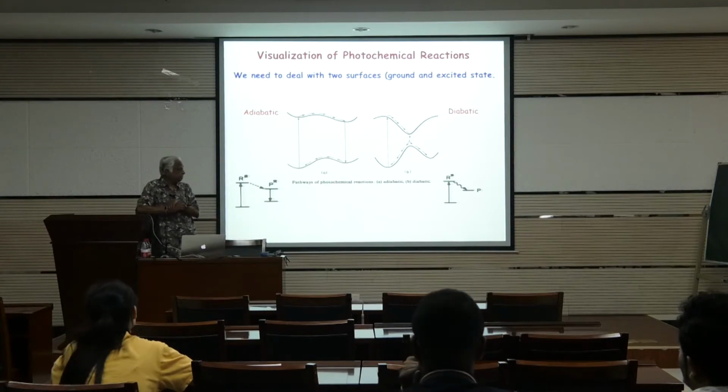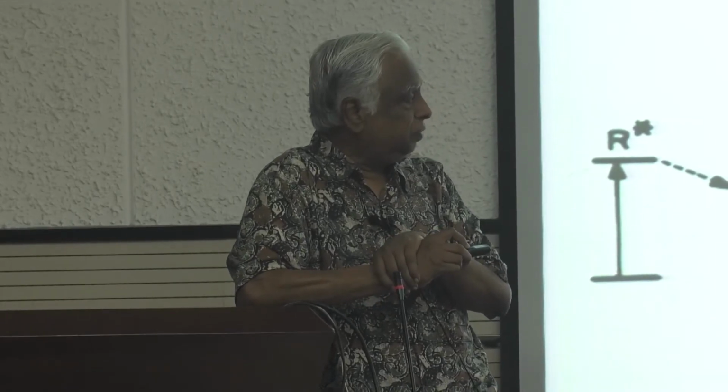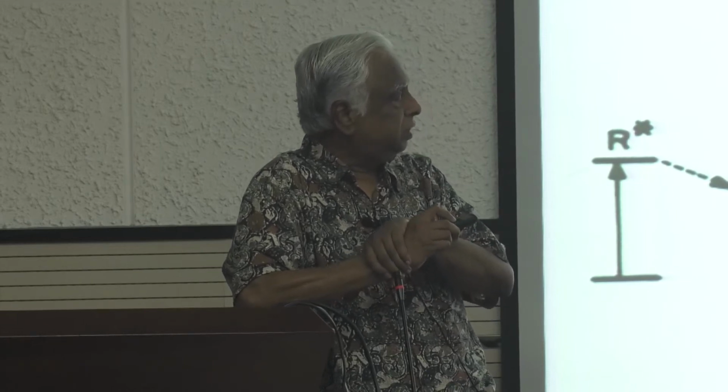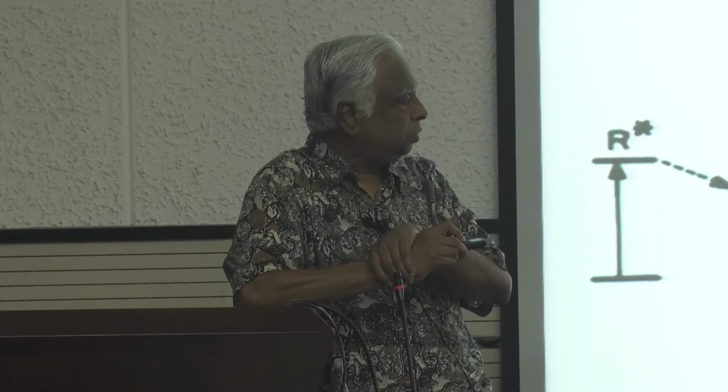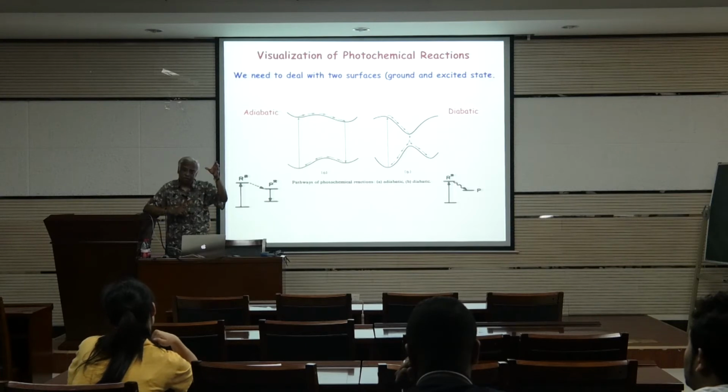Okay, in thermal reactions, you go through here, that is the transition state. In photochemical reactions, this is the part that light will help. It takes the molecule directly from here to the top in one step. But once it is here, the electronic configuration is very different from the ground state.